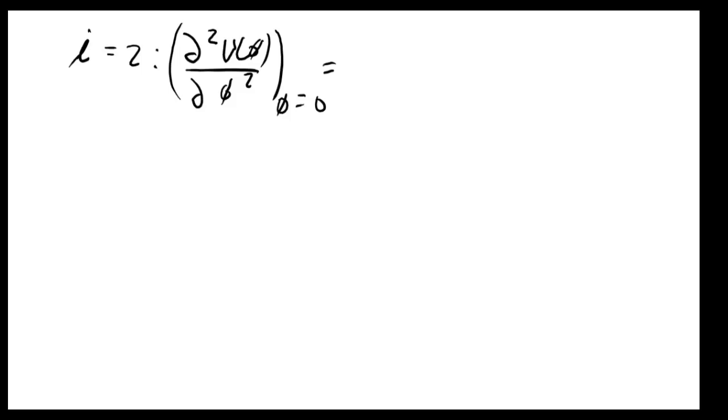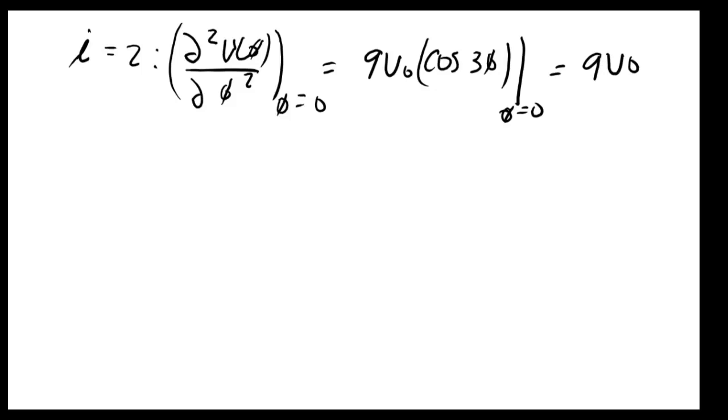I'll let you do that by yourself, but what I get is 9V0 times cosine of 3 phi. And now we want to evaluate this at phi equals 0. Cosine of 0 is 1, so this just comes out to be 9V0. Okay, so now we have the first non-zero term in that expansion, i equals 2.